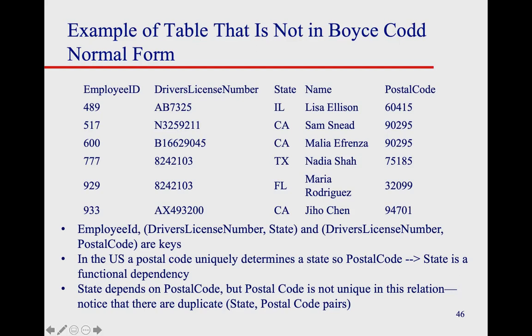So if I eliminate state and only have driver's license number, it is conceivable that I could have two employees with the same driver's license number and the same name. So in order to uniquely determine Lisa Ellison, we need both the driver's license number and the state. Okay, and the same thing holds for driver's license number and postal code.